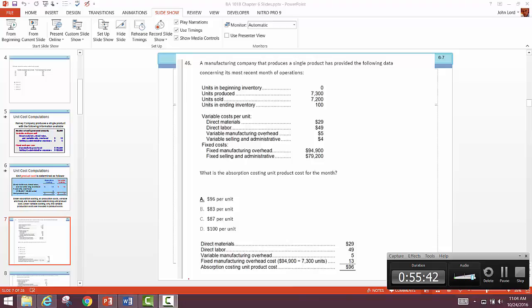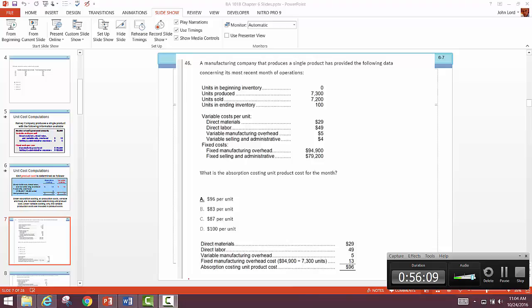Okay. So if I have 115,200 as my operating income under absorption versus variable, which is 113,900, what's the difference? The difference is 1,300.